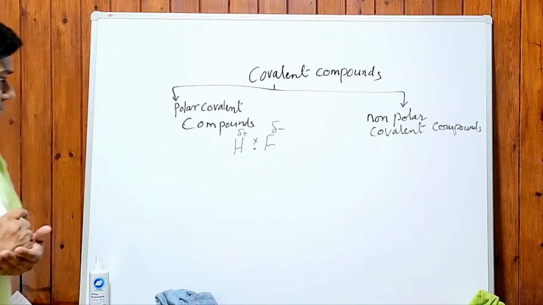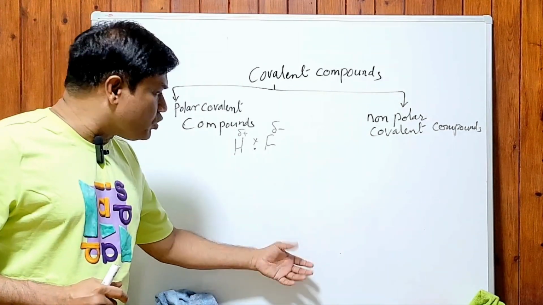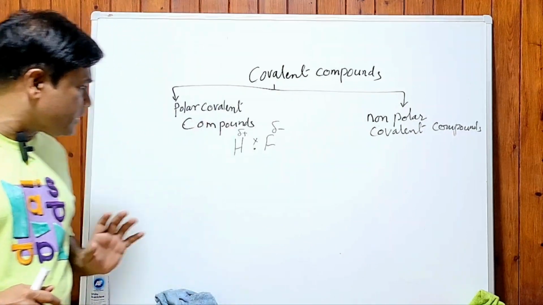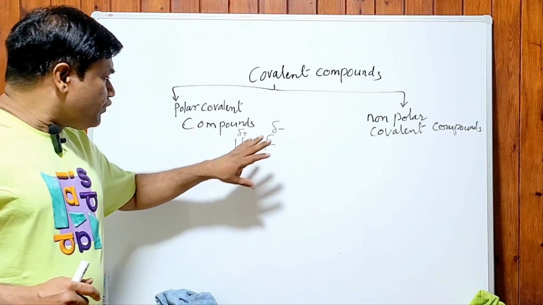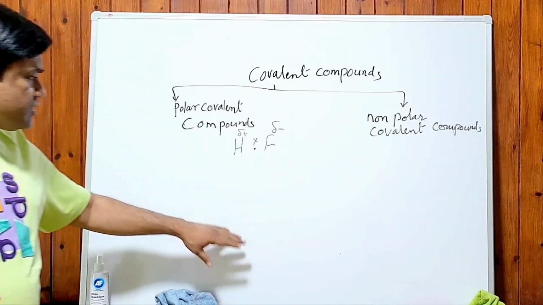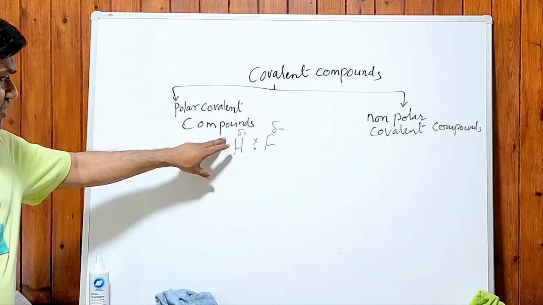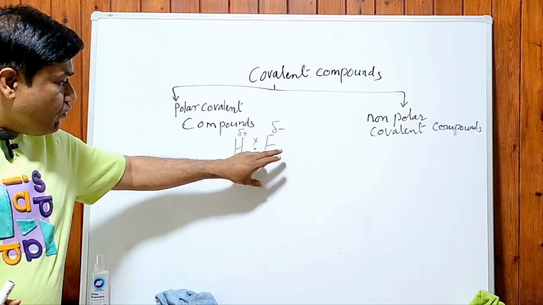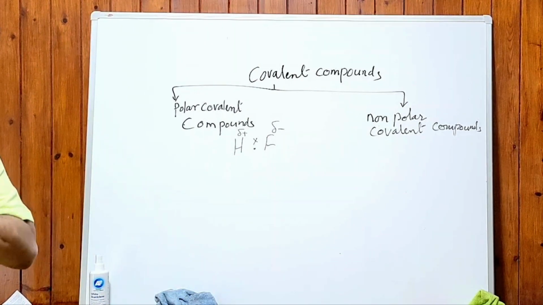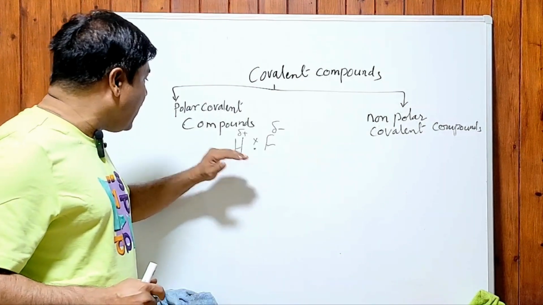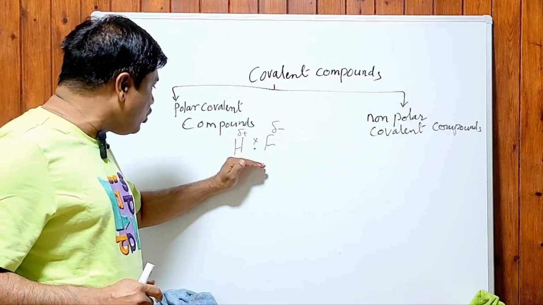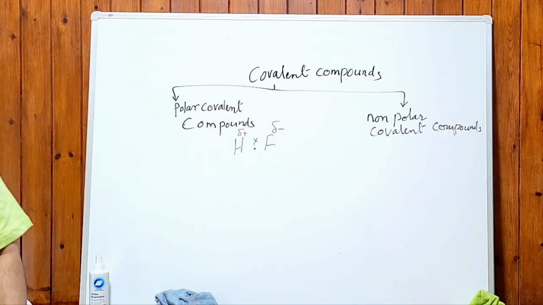In the same way, covalent compounds have a percentage of ionic character. Because of the electronegativity differences, they have a partial positive charge and a partial negative charge, which makes the molecule slightly ionic. That's why they are soluble in polar solvents like water.